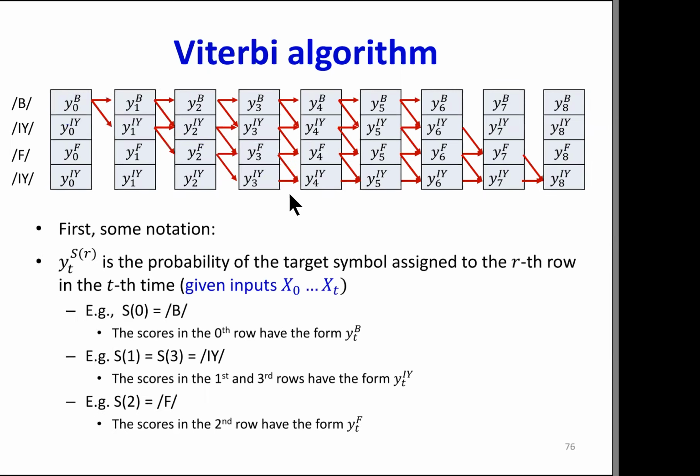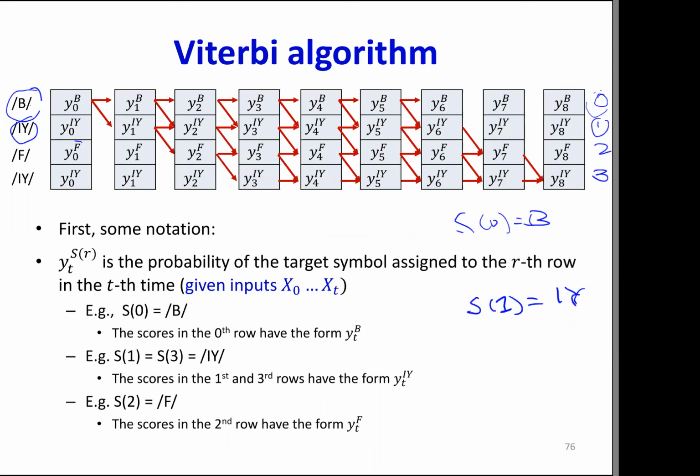Now, here's what the algorithm looks like. I have some notation over here. Observe that here I've got B, phi, E, for E. So this is row 0, this is row 1, this is row 2, this is row 3. And the symbol at row 0 is B. So I'm going to say S of 0 equals B. The symbol at row 1 is E. So I'm going to say S of 1 is E, right?